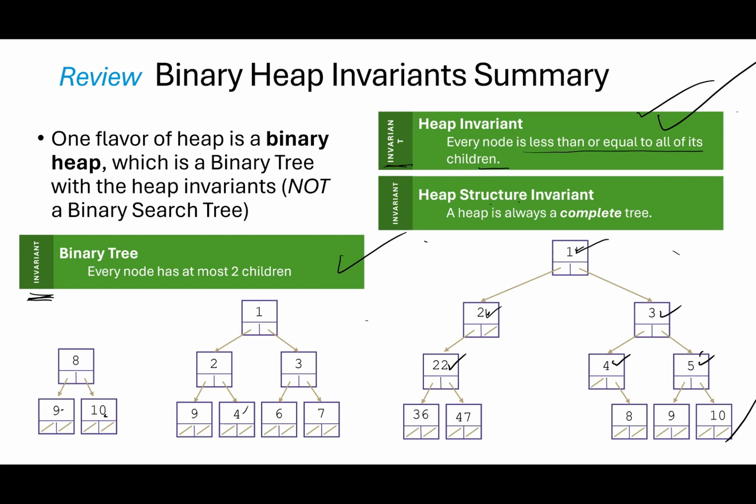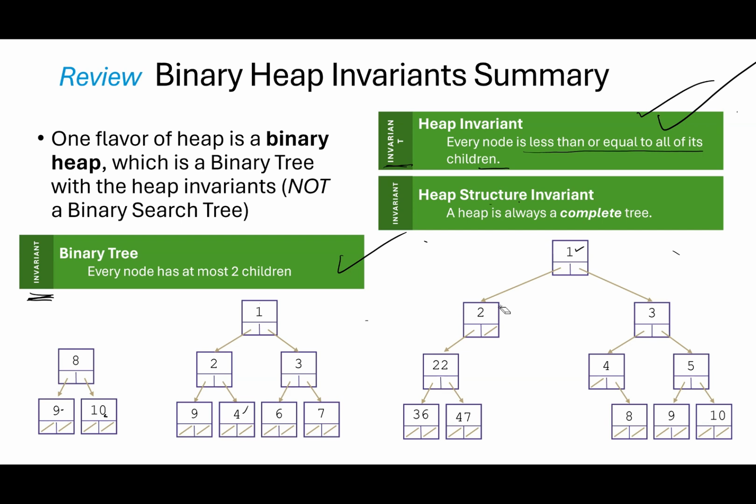What about the third one, the heap structure? A heap has to be a complete tree. Now, can someone tell me, is this a complete tree? The definition of the complete tree is that none of the levels can be empty except the final level.